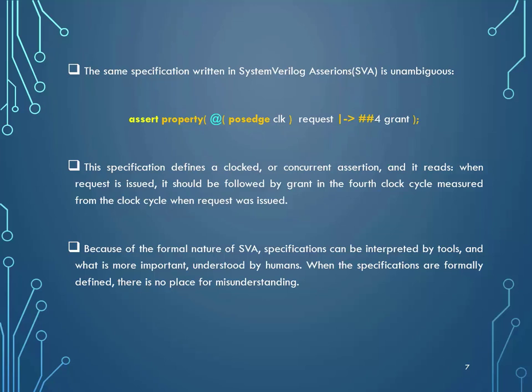And once this statement is true, then the following statement should be true as well, all the time. Just read the last part. When the specifications are formally defined, there is no room for misunderstanding, because we write it in a more mathematical way, so that there is less misunderstanding of our specification.